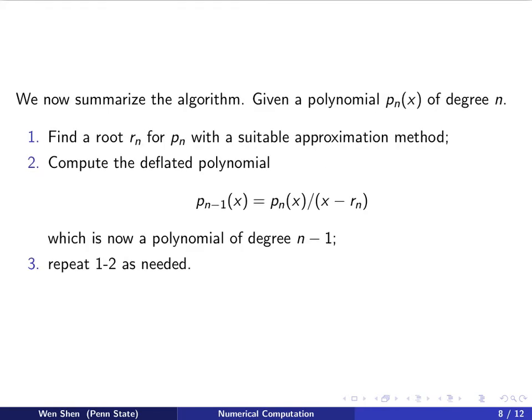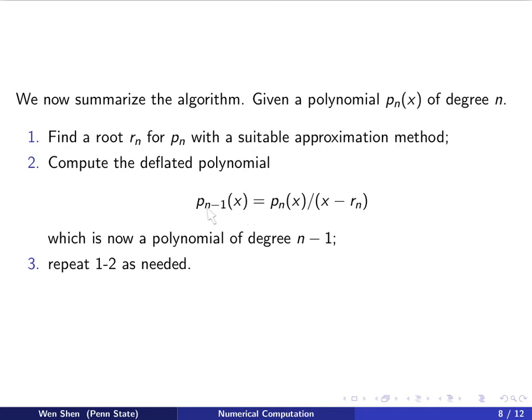We can now summarize the algorithm. Given a polynomial Pn of degree n, step 1, find the root Rn for Pn with a suitable approximation method, for example, Newton iteration with a good initial choice. And second, we now compute the deflated polynomial P_{n-1}(x).